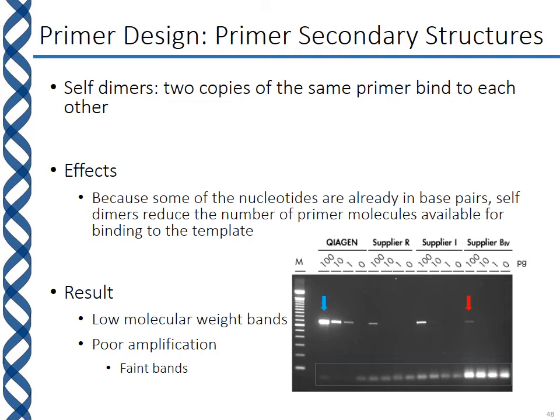And so if you think about that, the number of primer molecules that are incorporating into the eventual primer dimers, that just means that that's that many fewer molecules that are available to initiate the PCR amplification from your desired target. So overall, primer dimers are bad.